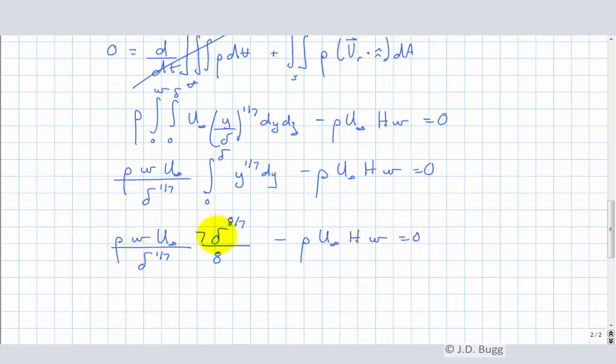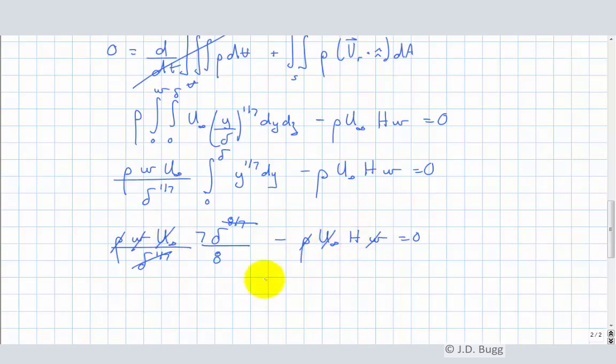Notice that delta to the 8/7 divided by delta to the 1/7 is just going to be delta, and so lots of other stuff cancels here. Density cancels on both sides, w cancels on both sides, u infinity cancels on both sides.